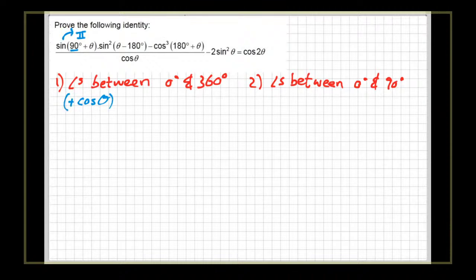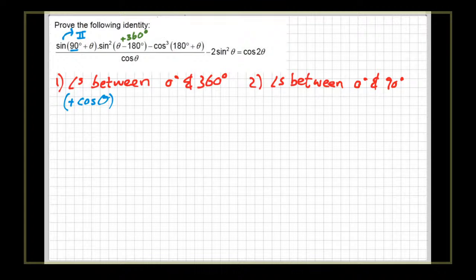Now sine squared of (theta minus 180). I know that a lot of teachers take the long road, which is taking out a negative common or those kind of things. I've got a different way of doing this that I like to use because it's simple. I add 360 degrees.